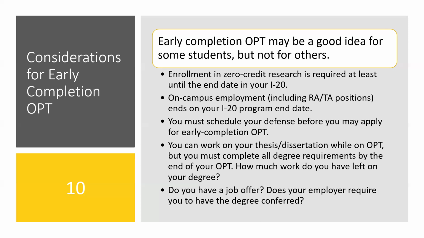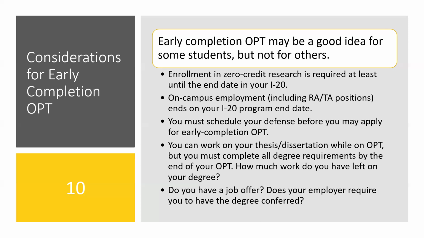And again, if you have a job offer, early completion OPT may make sense. But if you don't have a job offer, it may not make sense because the sooner that you end your I-20, the sooner you're expected to start your OPT. We'll talk more later about unemployment and that impact on your OPT. But that's something to keep in mind.